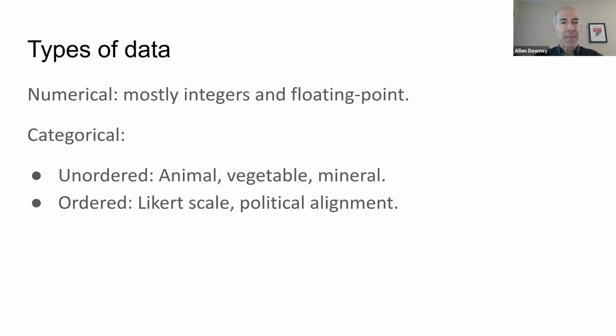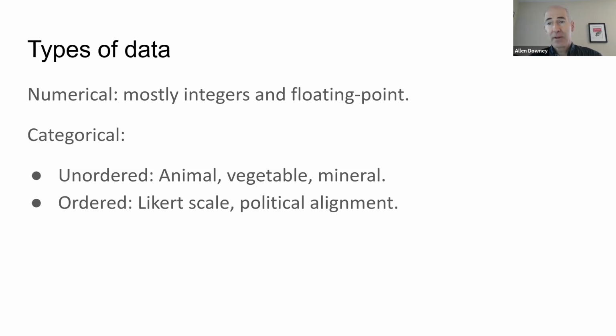Now, one thing to think about, the types of data that we're working with. In general, there are two types of data, numerical and categorical. Numerical values are things like integers and floating point numbers. And categorical quantities are things like animal, vegetable, mineral that are discrete. There's no halfway between animal and vegetable.